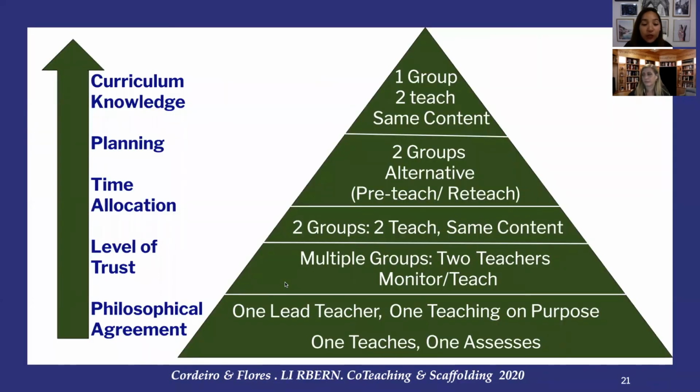Now, this pyramid relates back to the stages of co-teaching we just saw and the dynamics between co-teachers in each of the co-teaching models. So on the left, we might call these ingredients to a successful collaboration: philosophical agreement, trust, time, planning, and comfort in curriculum knowledge. And they're hopefully on an ascending continuum as the collaborative partnership matures.